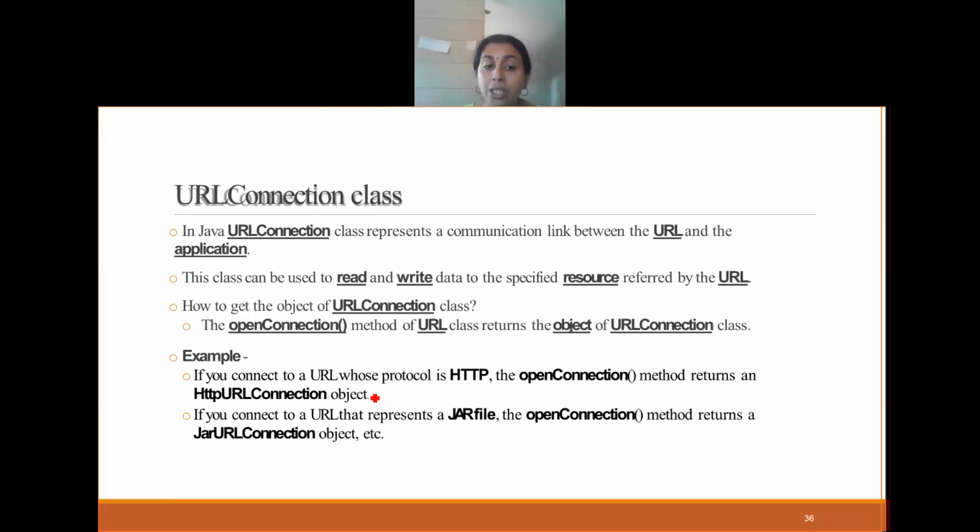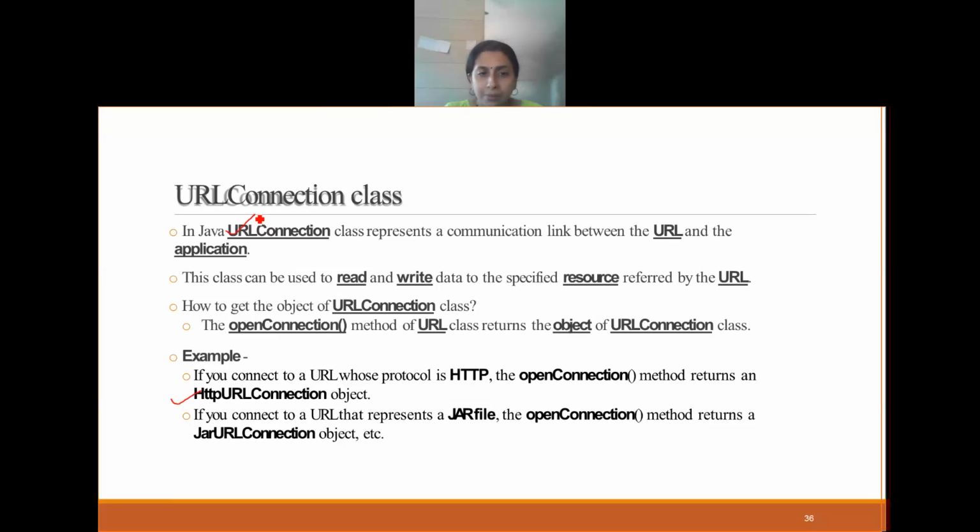But we will be concentrating on HttpURLConnection and URLConnection. These are mainly useful for the various resources of the URL or the properties associated with the URL. Only to do that, these classes are being used.